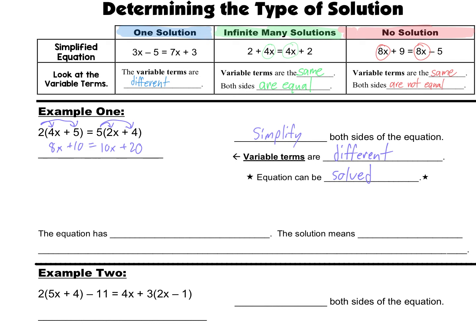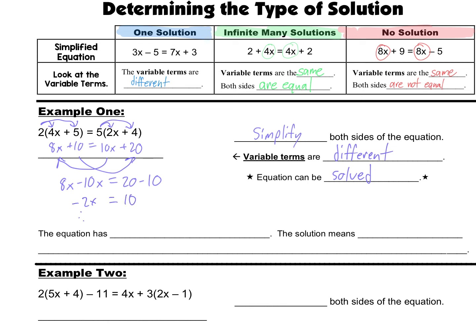So let's do that. We'll start by moving all of our variables to one side and our constants to the other. When we do this, we have to remember to change the sign of the term we move. So we now have 8x minus 10x is equal to 20 minus 10. Let's subtract, and we'll be left with negative 2x on the left and positive 10 on the right.